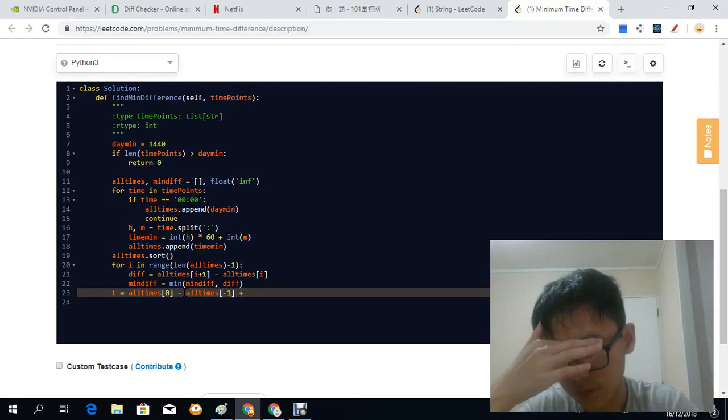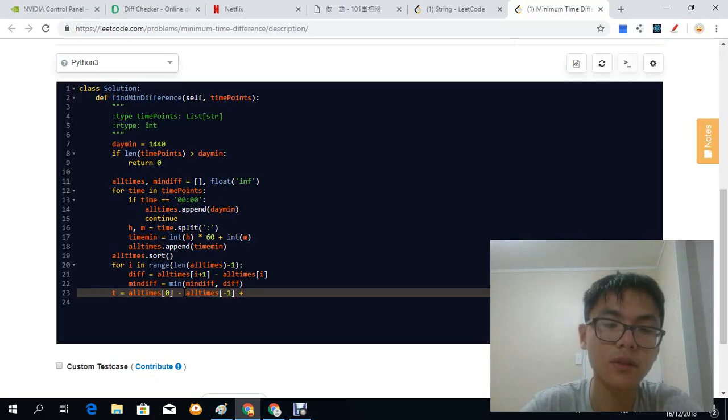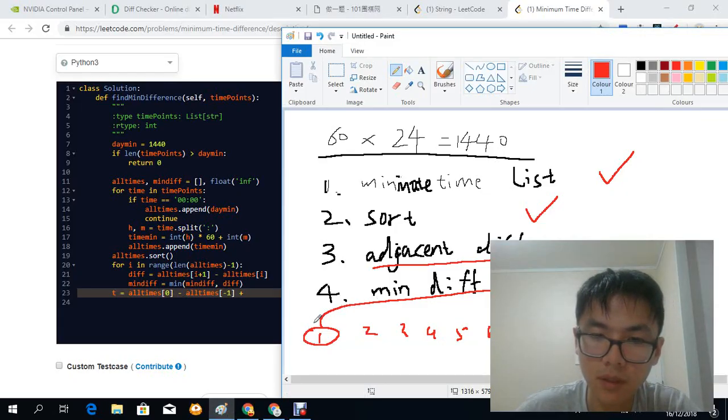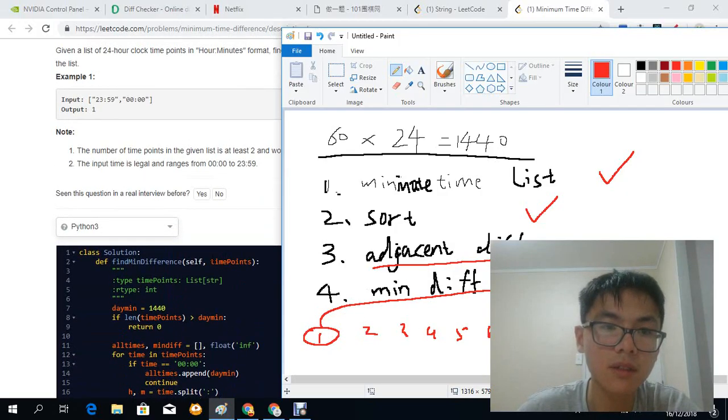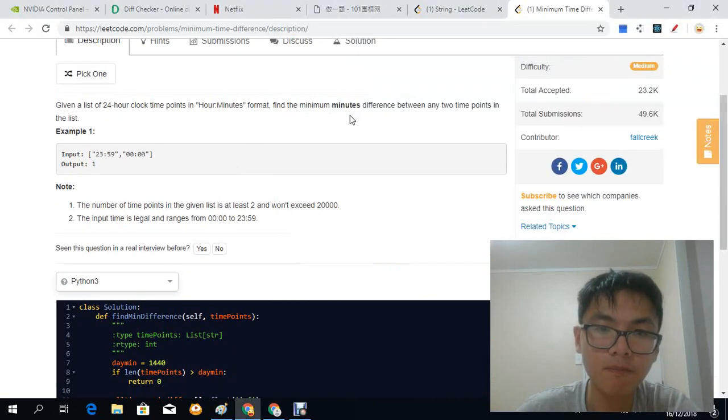And of course, sometimes the time is, and sometimes the number is not. So if we get the number simply, sometimes it is not the case. Therefore, we need to add the day minutes, because we need to get the minimum minutes difference.